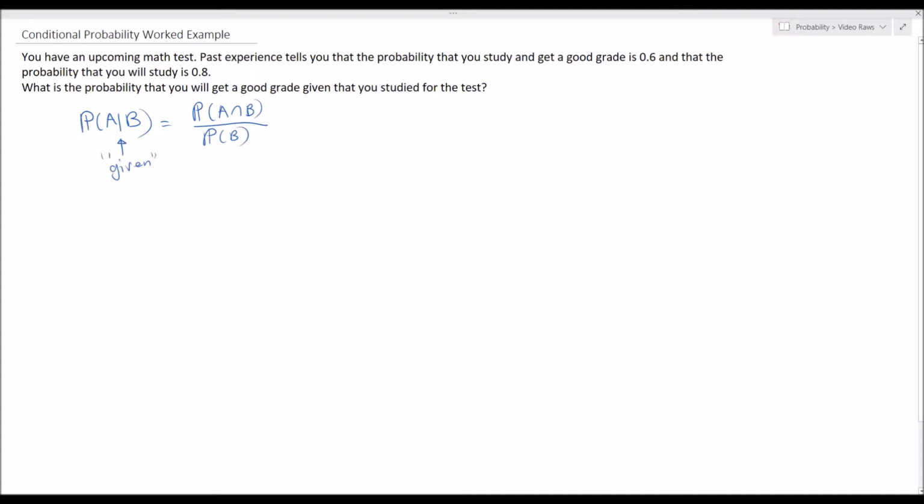So from this question, we know that from our past experience, the probability that you study and get a good grade is 0.6, and the probability that you'll study is 0.8. So let's model this situation so that we can use this equation with it. Let G be the event that we get a good grade, and let S be the event that we studied.